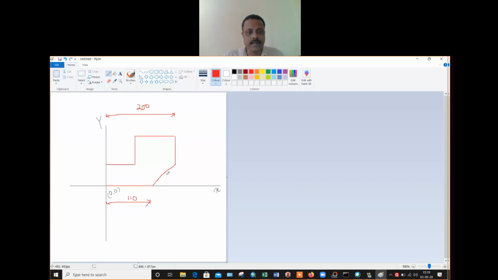This line is 58 millimeter, and then it has an angle of 60 degree. From here up to here, this is 100, this is 60, suppose this is 85.